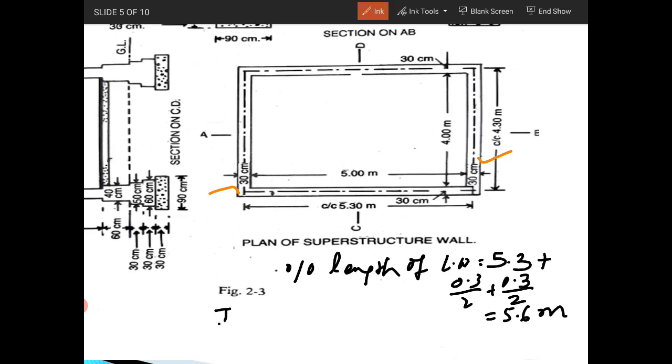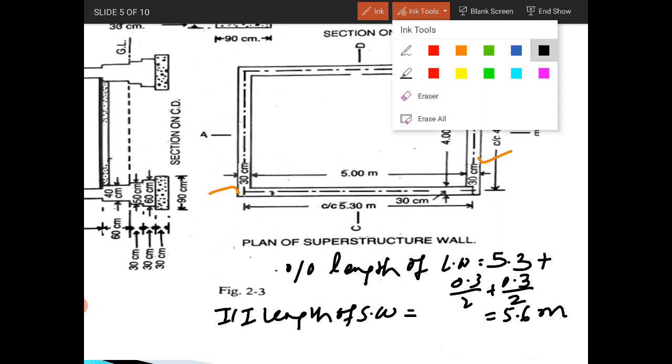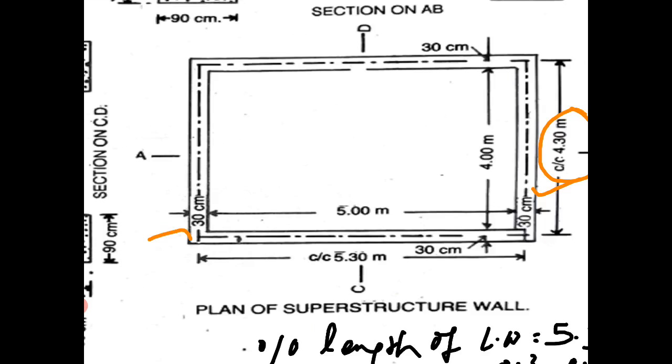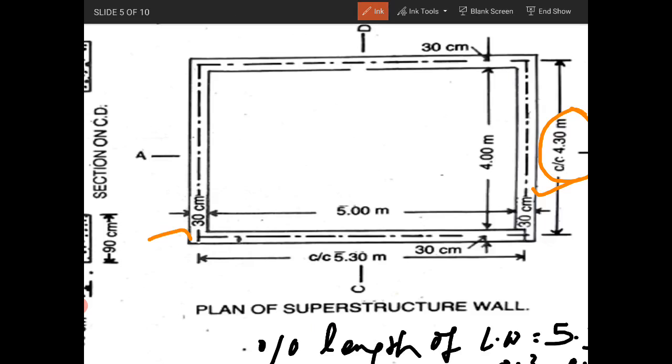Similarly, for the in to in length of the short wall, the center to center length is given as 4.3. We have to deduct this small portion, which is also 0.3 by 2, and from the inner side we deduct another 0.3 by 2.